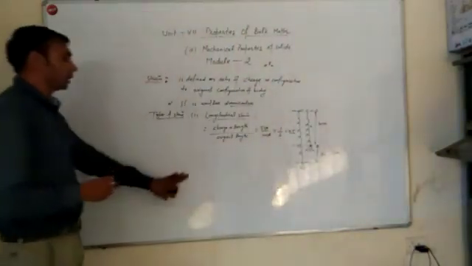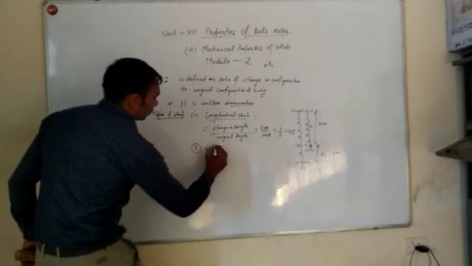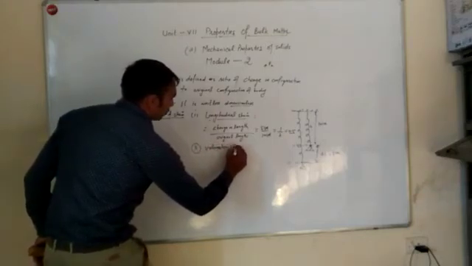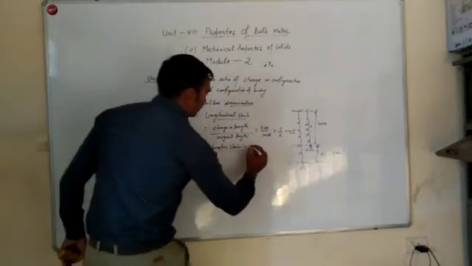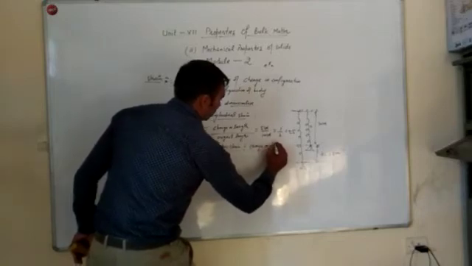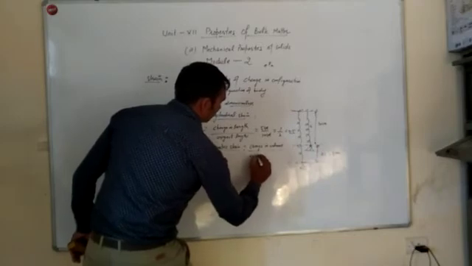Now the second type of strain is volumetric strain, which is change in volume divided by original volume.